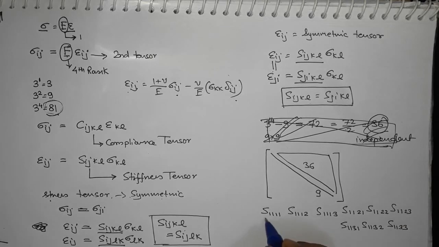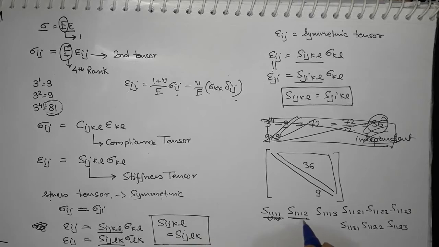so you see this will not be affected, because S1111, if you change this to this or vice versa, is not getting affected because of symmetry. Okay, this is getting affected only by one symmetry, that means by the symmetry of kl.